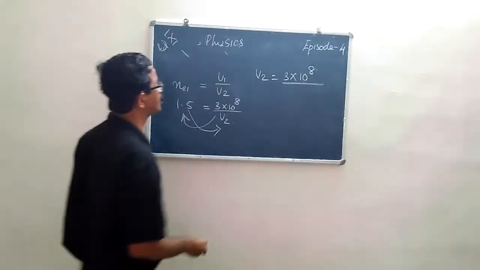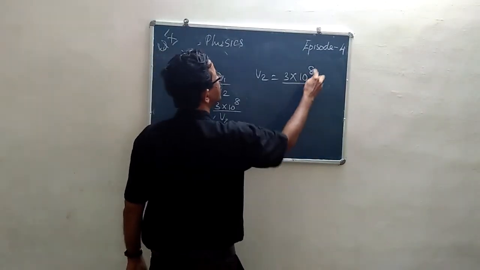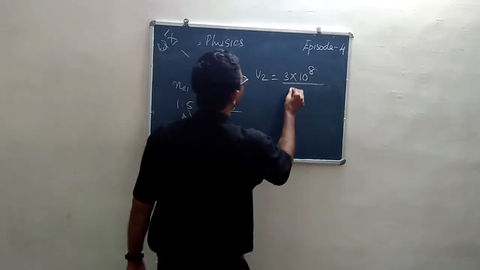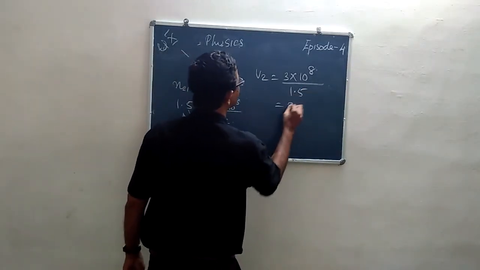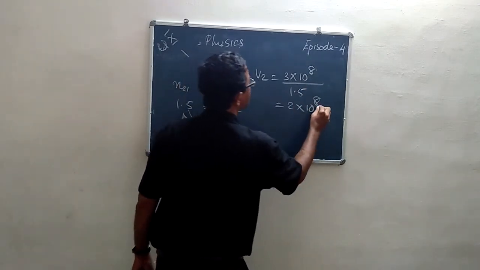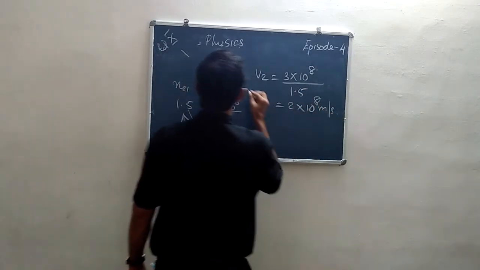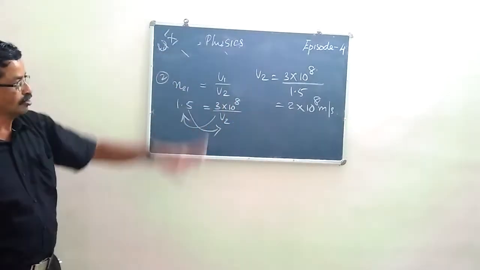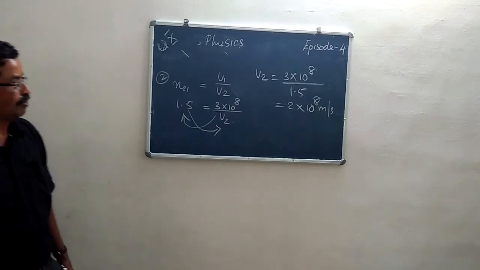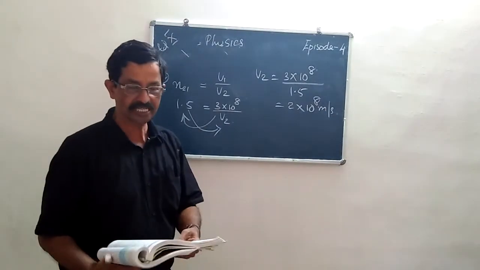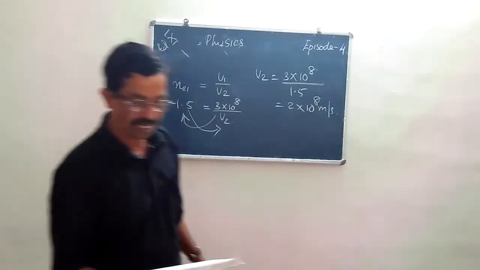So V2 is equal to 3 into 10 to the power 8 divided by 1.5, that is equal to 2 into 10 raised to 8 meter per second. This is the answer for the second question. V2 is equal to 2 into 10 to the power 8 meter per second, the speed of light in the given glass.